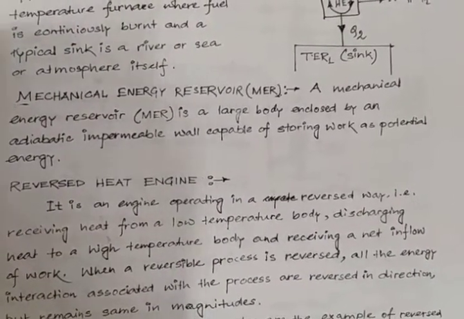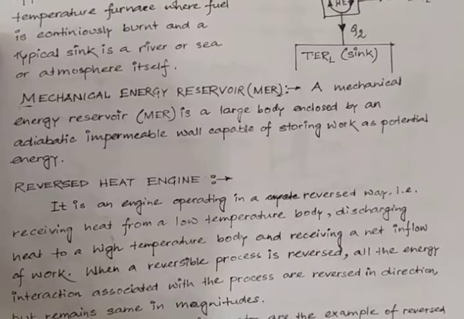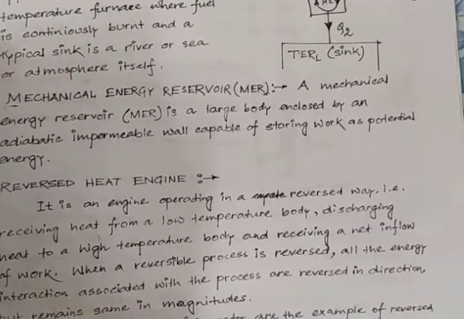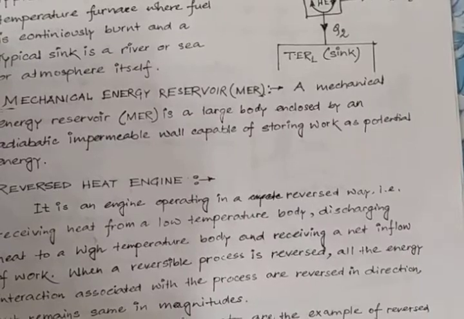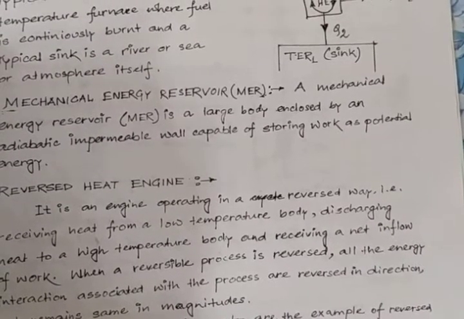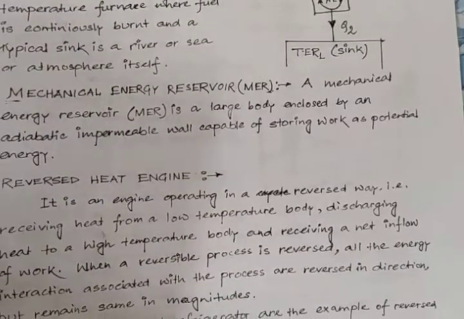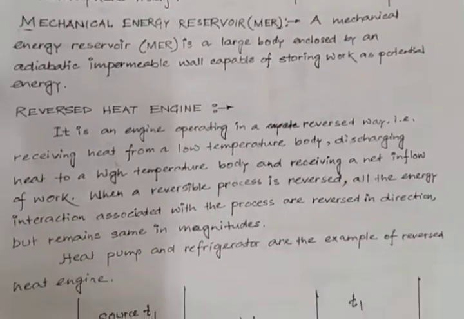Let's come to another terminology, mechanical energy reservoir. A mechanical energy reservoir is a large body enclosed by an adiabatic wall capable of storing work as potential energy. Let's come to another one.